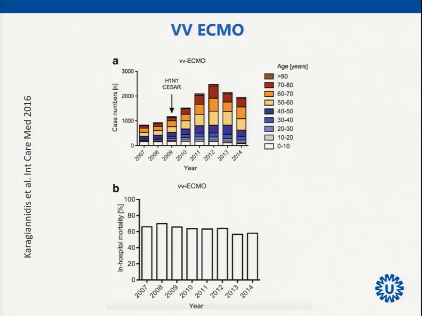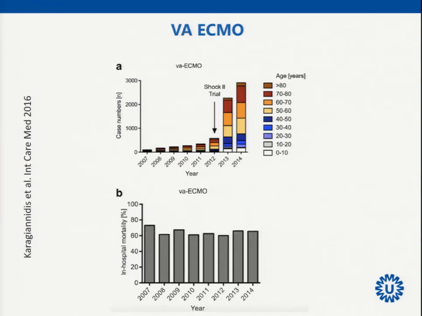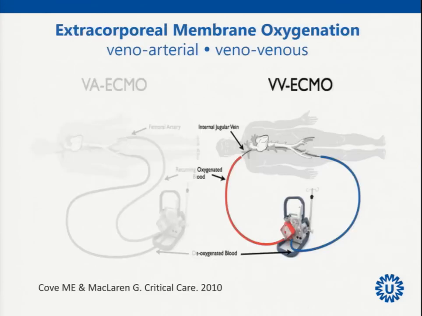Mortality is still relatively high. That also depends on your case selection, of course. But it's interesting to see that there is a tempering of the cases, and you might expect that also in VA, where the mortality is also quite high in Germany, and I think these are very representative data, that you might expect that it will come down again.